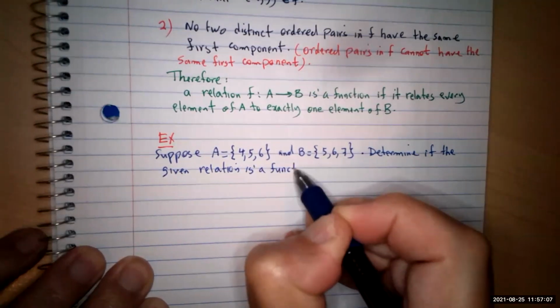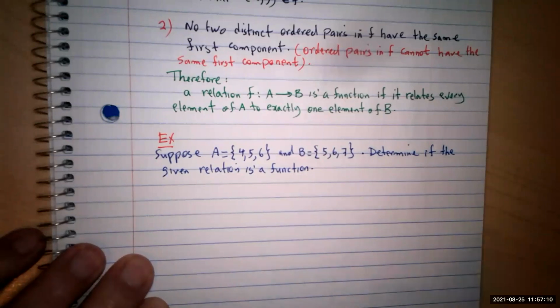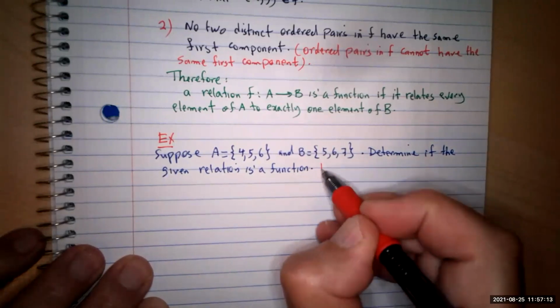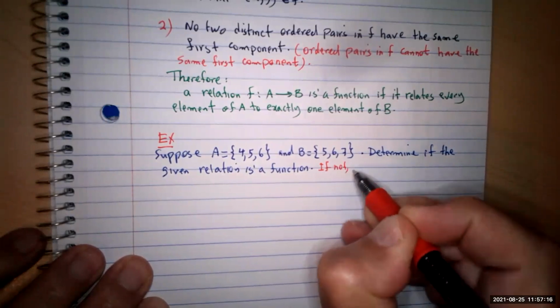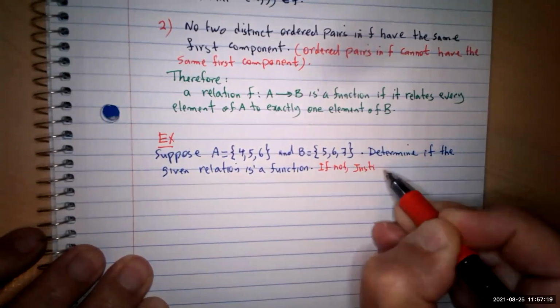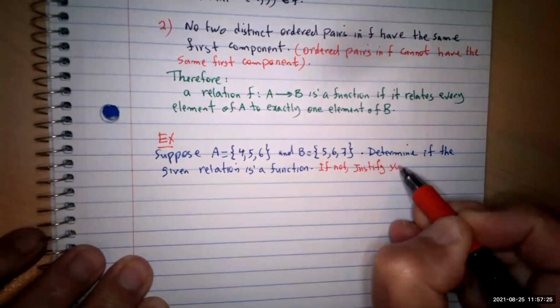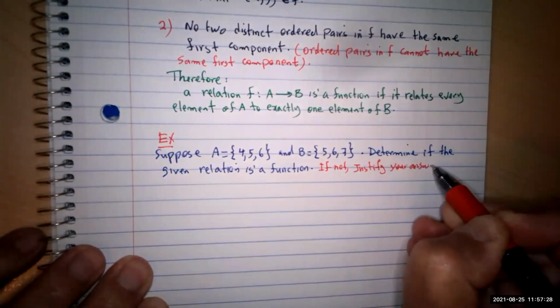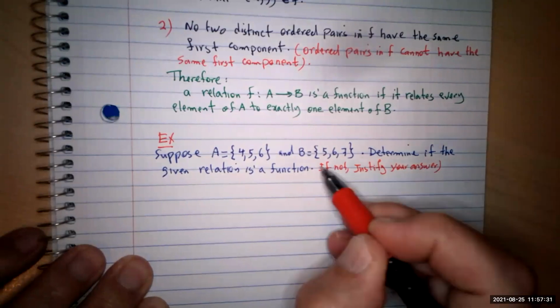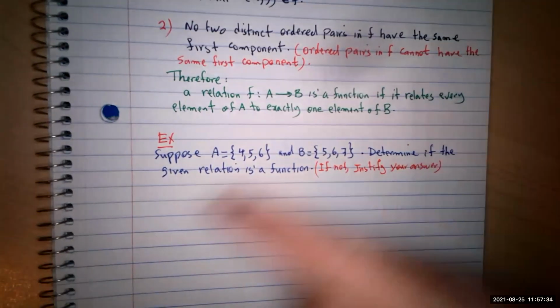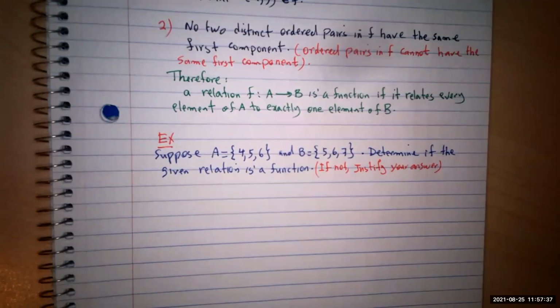On the test, we may say: if not, justify your answer. So you have to tell us which of these two conditions is violated, if you claim that it's not a function. So the sets are A and B that you see over here, {4, 5, 6} and {5, 6, 7}.